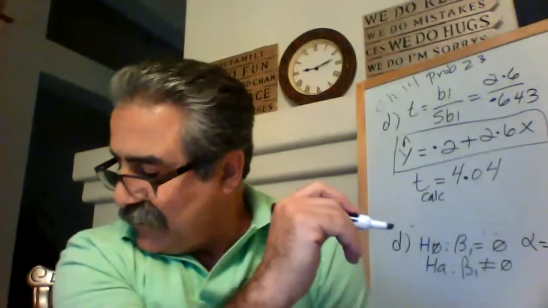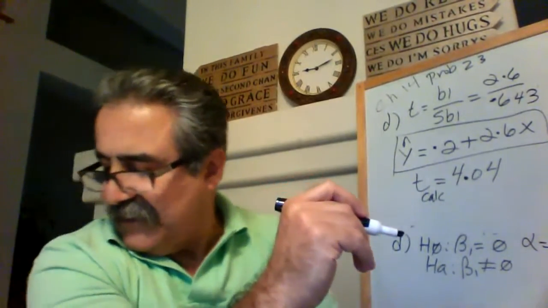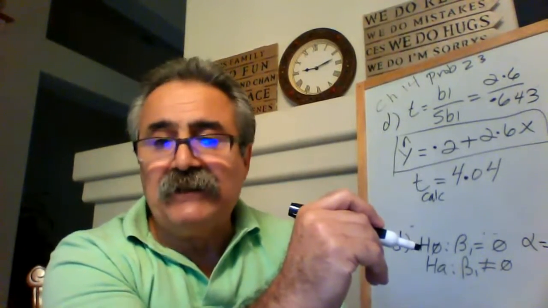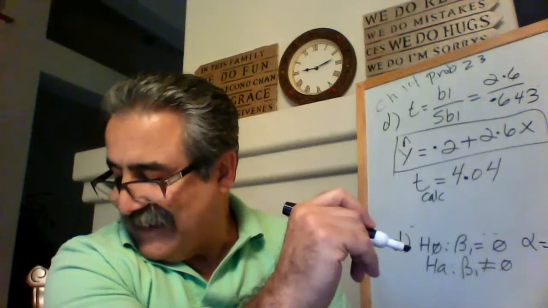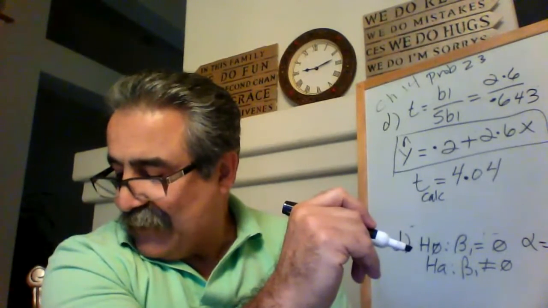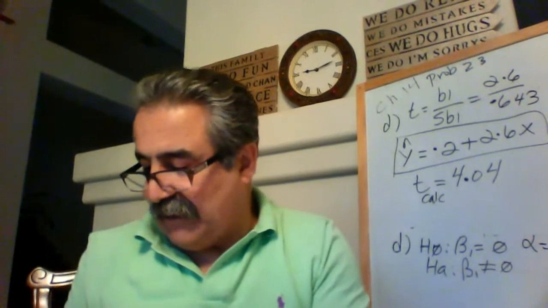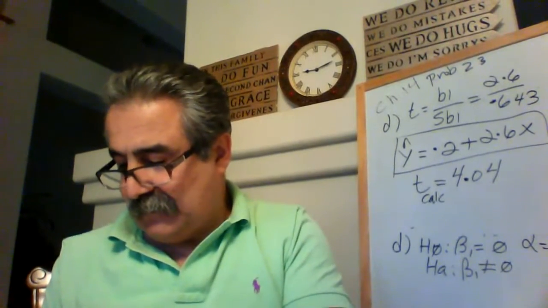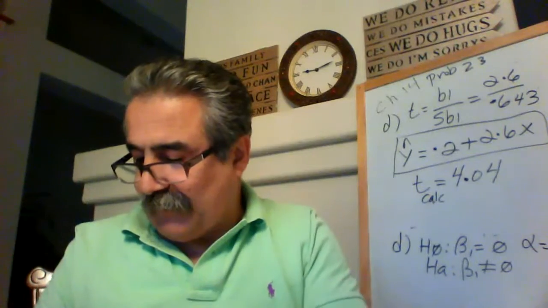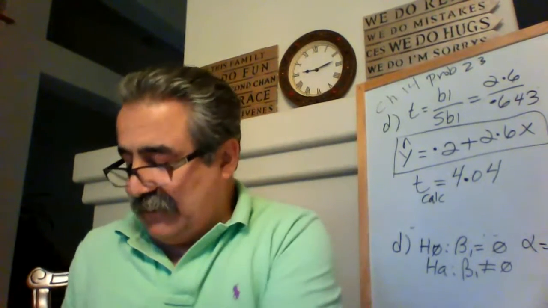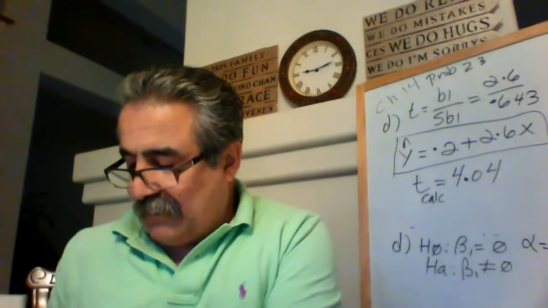They ask us to use the t-test, and what is your conclusion? Using the t-test, we have to go and find out what the t of the given alpha is. Or we can go and find out about the p-value.